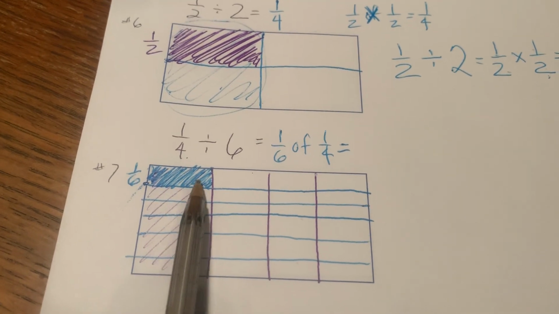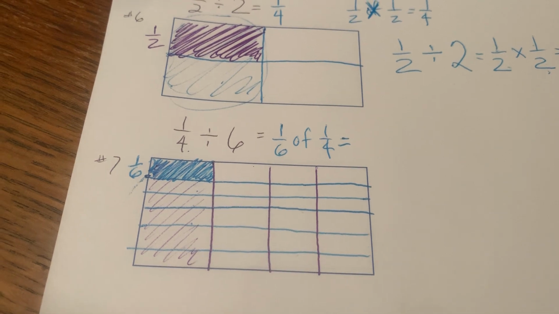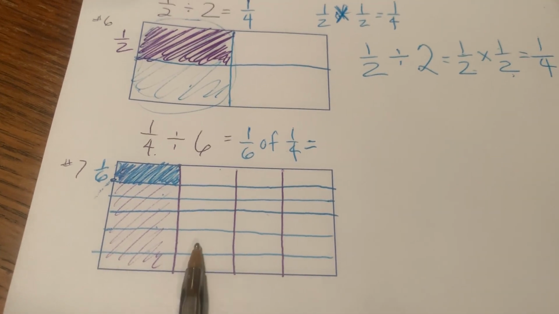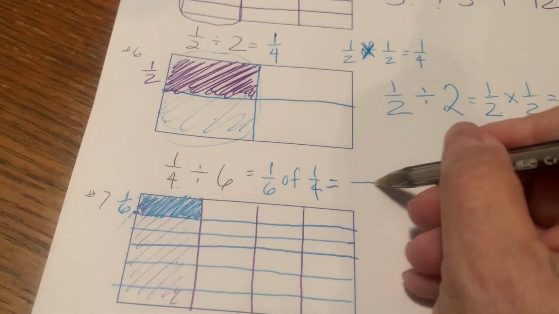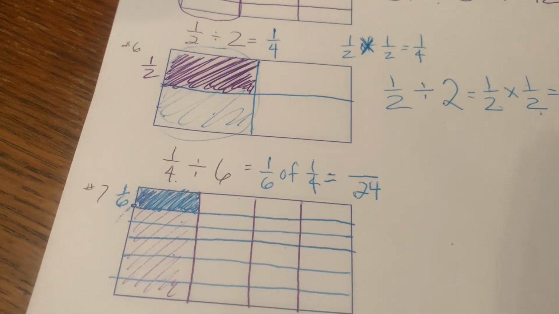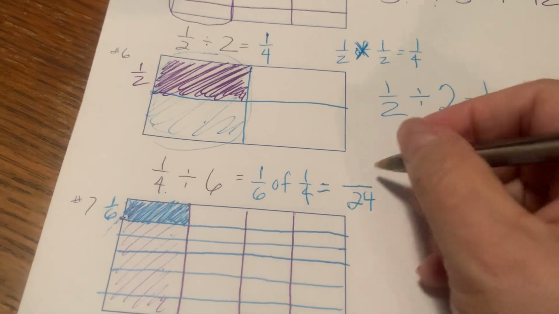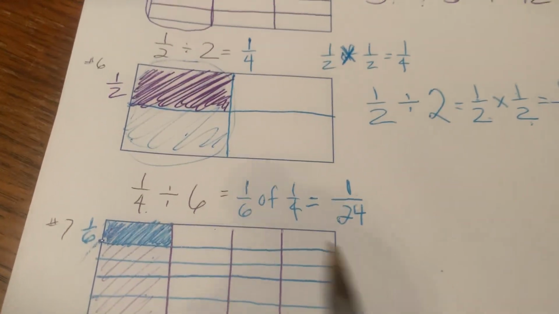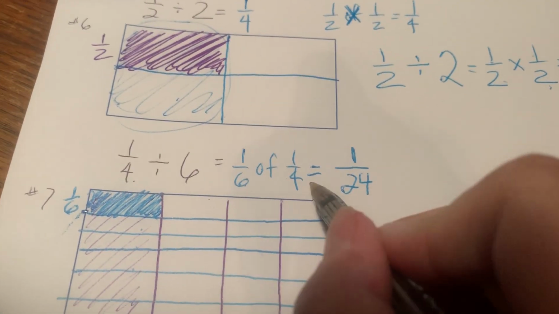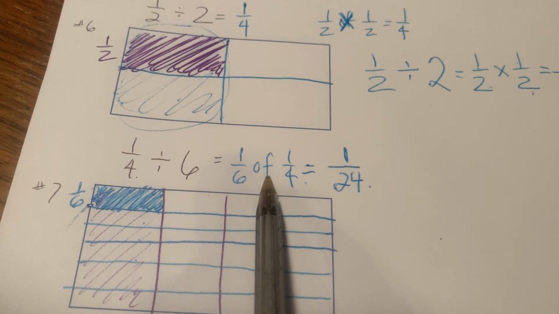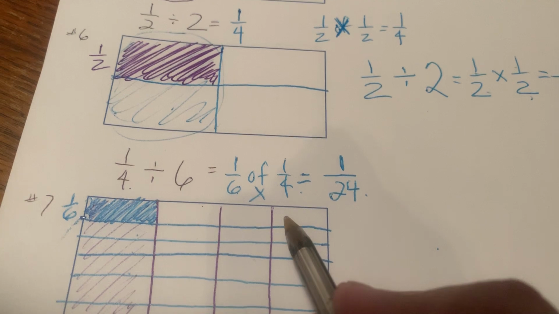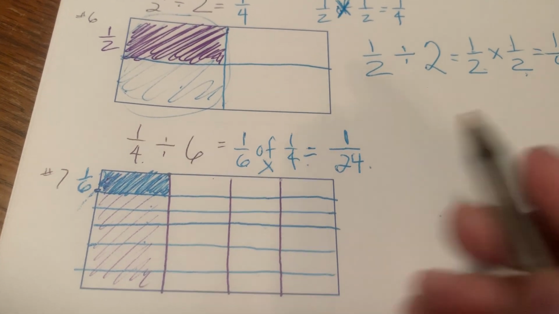And we can see, let's see, 1, 2, 3, 4, 5, 6 pieces here. So 6, 12, 18, 24. So there are 24 pieces all together. And we wanted to find one of them. And look, that's just exactly as if I had multiplied 1/6 of 1/4 equals 1/24.